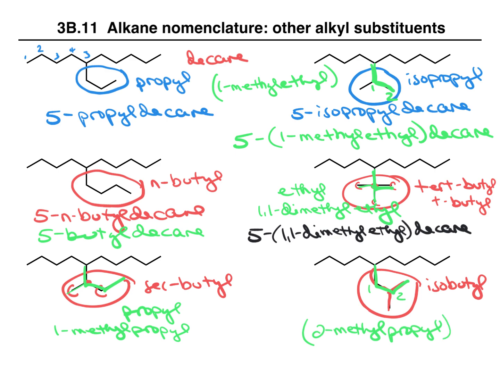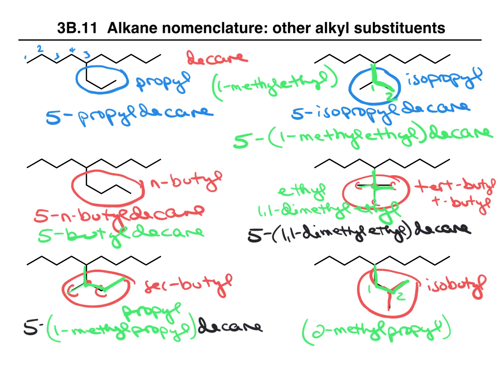And then we would have to say at position 5 of decane, we have a 1-methylpropyl group. So for many of these, the full IUPAC name can be rather cumbersome. So sometimes it is a lot easier to use the combination of the common name for the substituent, but still using the overall IUPAC system.